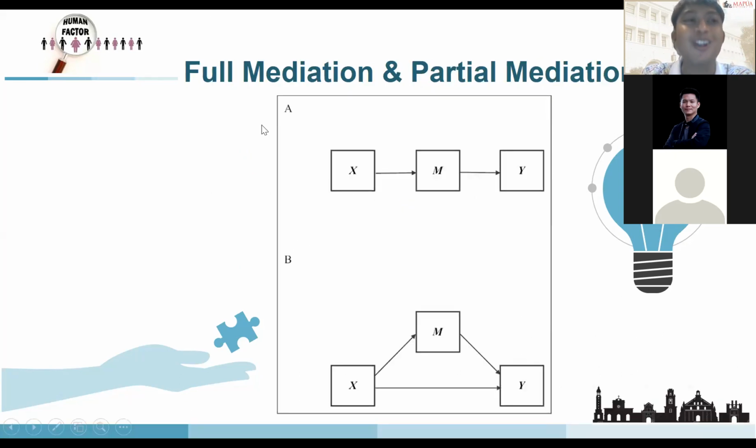Now, this is actually more interesting. Mediation. This is why sometimes it is better for us to use path analysis. For example, X1 goes to Y. Let's say it talks about COVID-19.